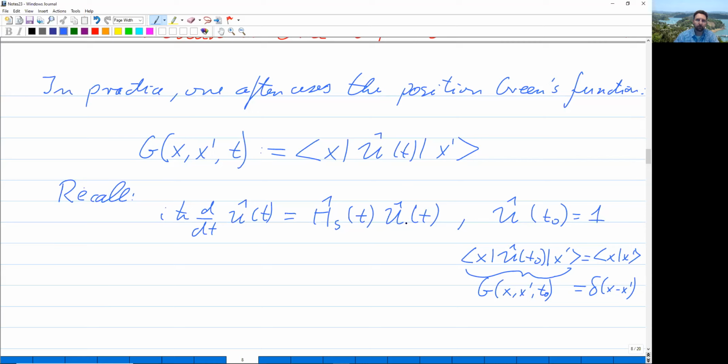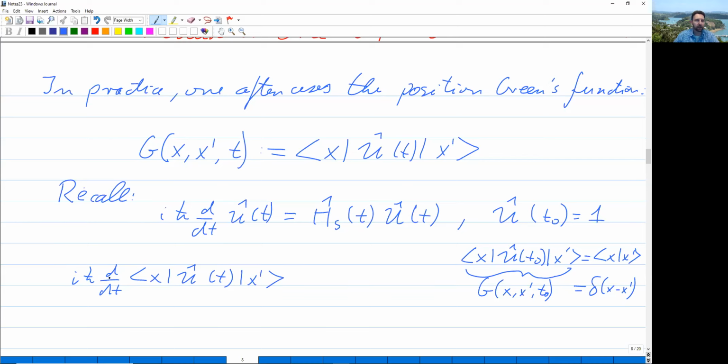How about this one? Well, let's try to do it similarly. So we multiply from the left and from the right with the position eigenvectors. Then we have i h bar, we can pull this in front. We can also pull the d by dt in front. And then we have here x u hat of t x prime. Right?